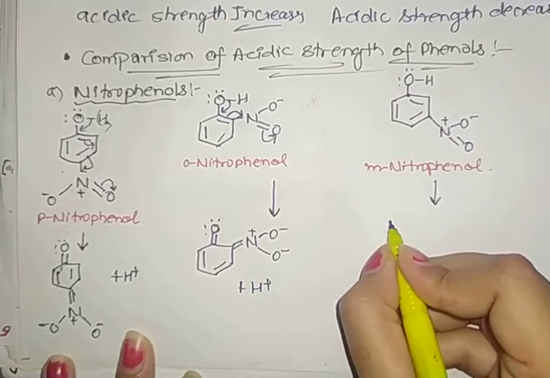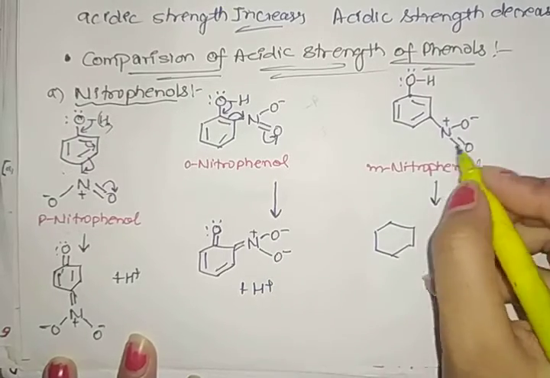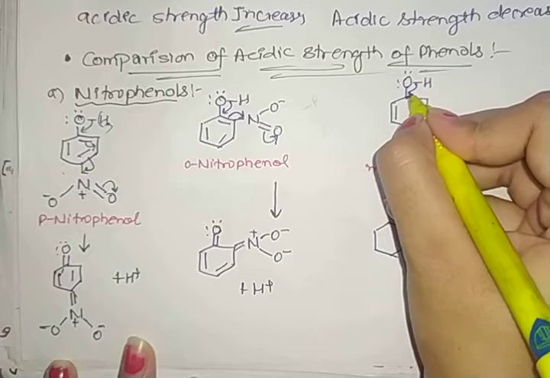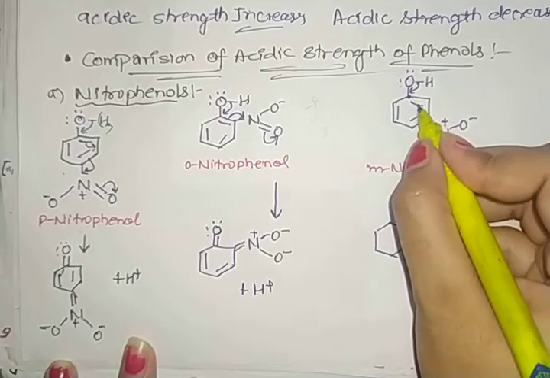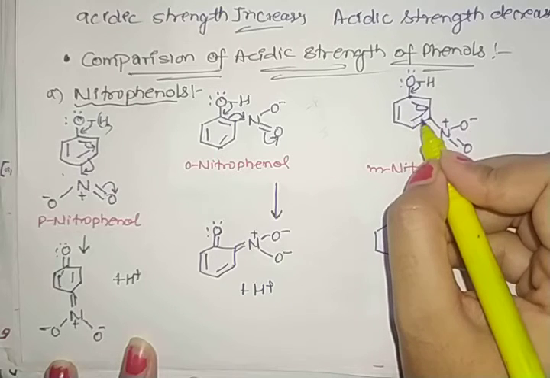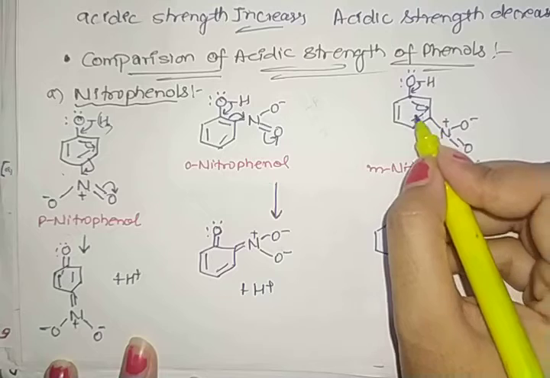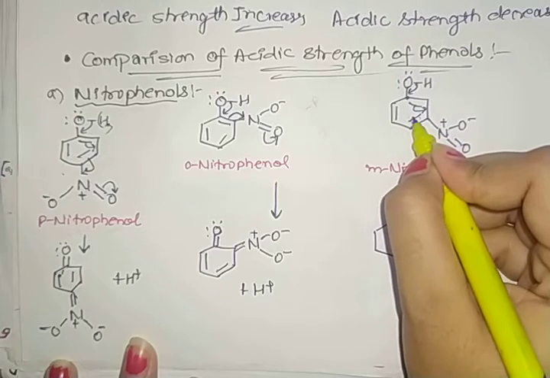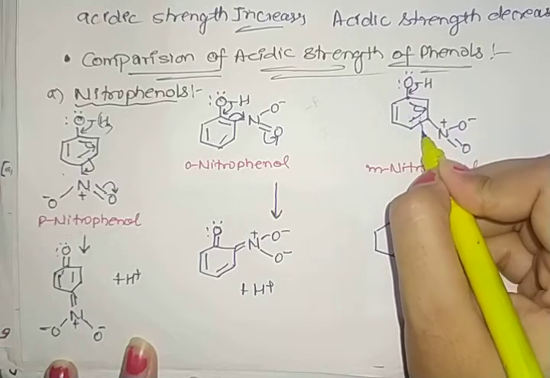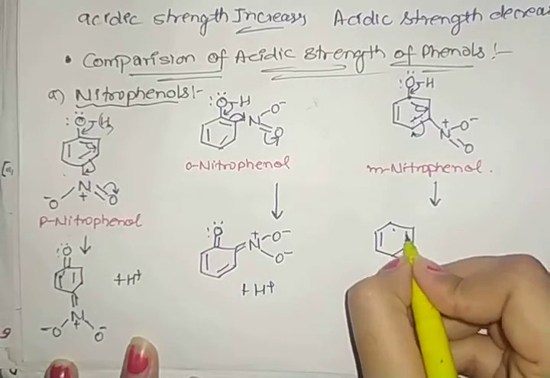Now for the third structure, there is some difference. What is the difference? These electrons go to this position, these electrons go to this position, but now the next electrons do not go to the nitrogen. Now these electrons go to this position, so I have to write it like that.